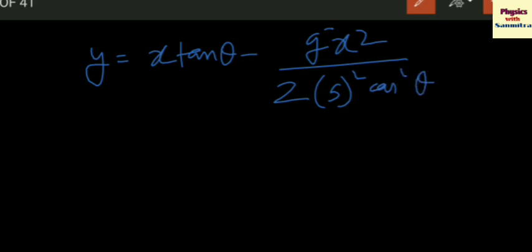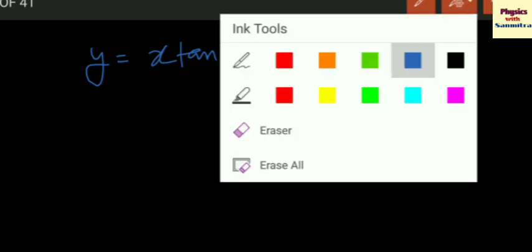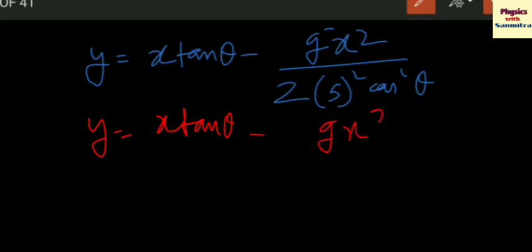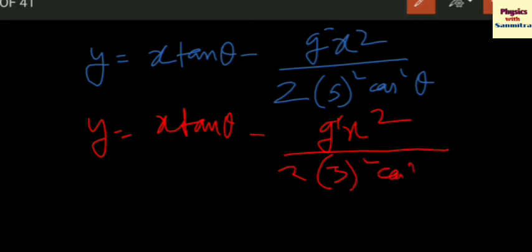Okay, this was Earth. Now the planet, let's say it is Mars, the red planet. y is equal to x tan theta minus g dash x square by 2 into 3 square cos square theta, because it will have a different acceleration due to gravity, g dash. Now for these two to be equal, we will be comparing the terms.